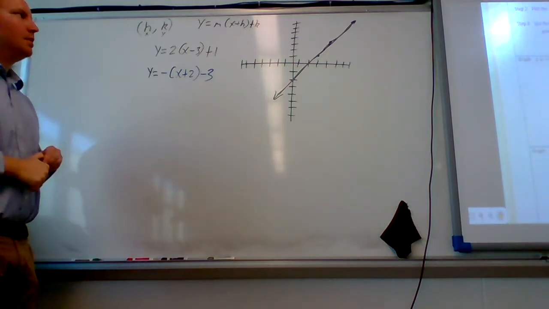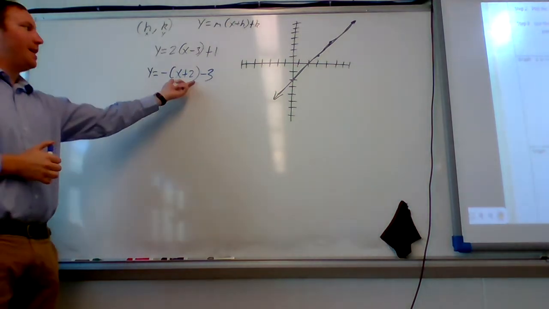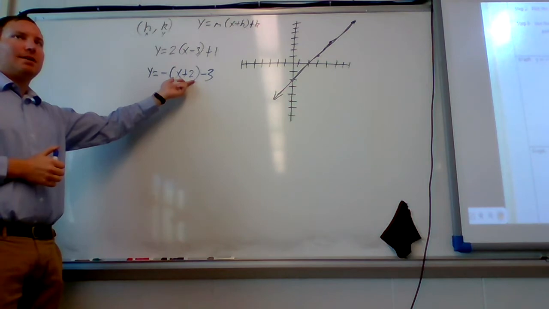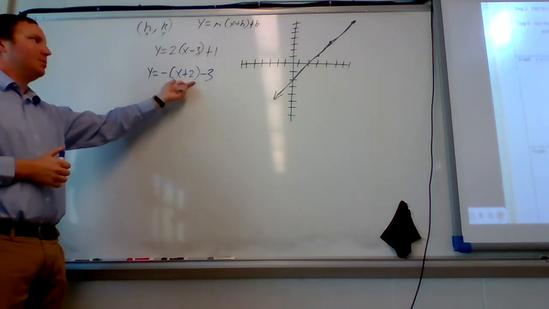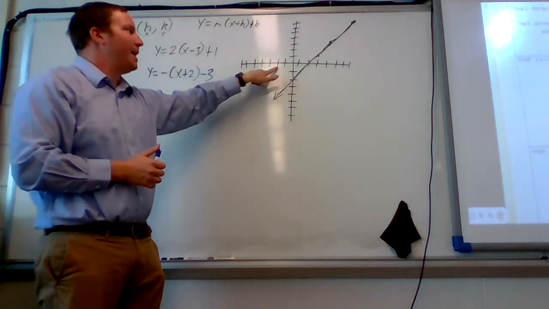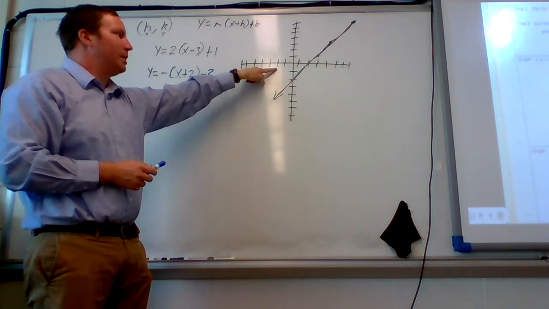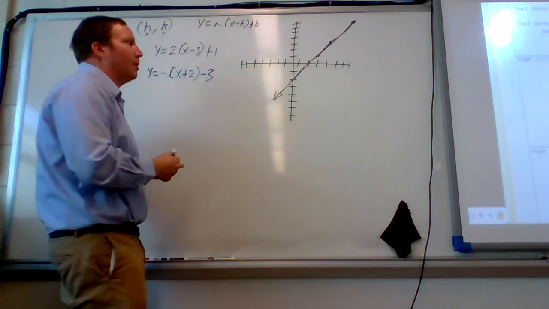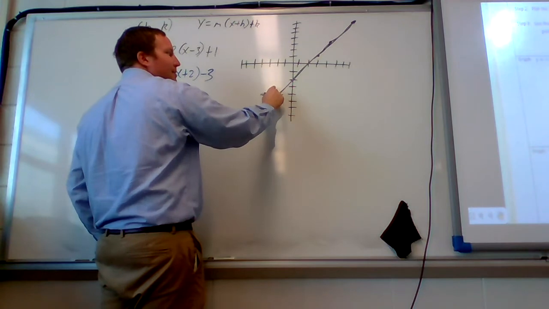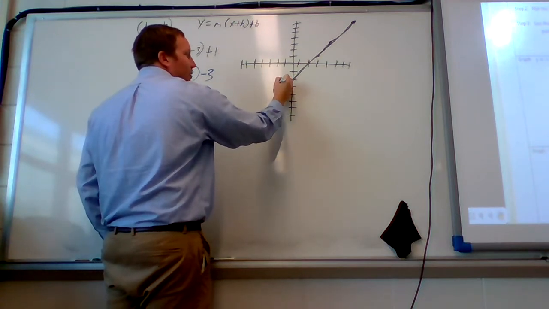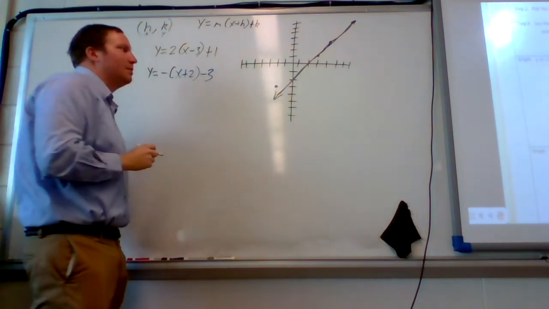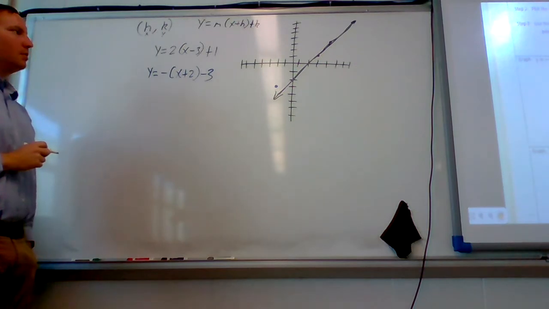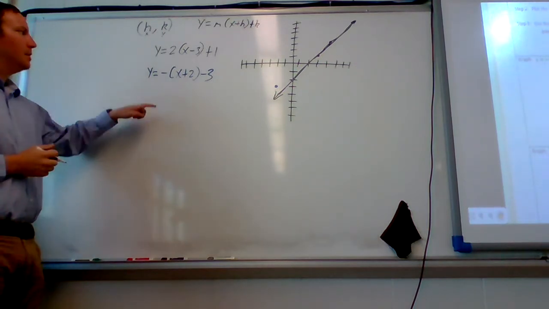Okay. So again, starting value, your x is the opposite of the value inside the parentheses. So if we have a plus 2, we're actually going to go to minus 2. And we have the point negative 3 for our y. So negative 2 on the x, negative 3 on the y. There's our starting point for our point on the line.